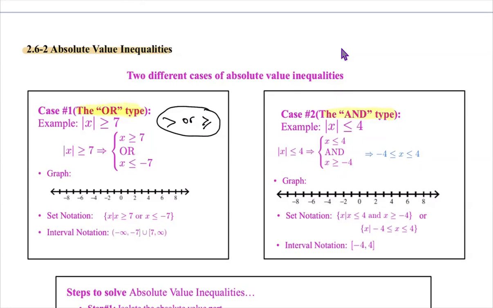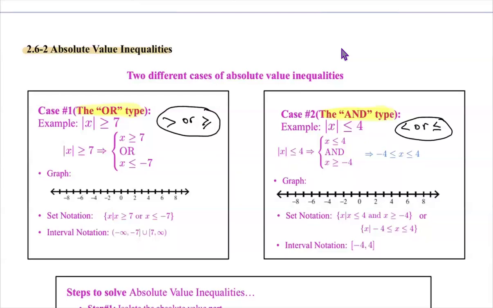And if the inequality signs are less than or less than or equal, you know that you are dealing with the AND type inequality. Now, what's the difference between the two?